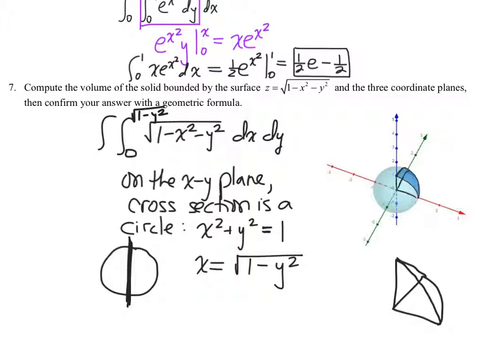I only want to go to the right. So in terms of x values, what I'm doing is I'm bounding it. Here's x equals 0. And this whole part of it here, this semicircle, is the square root of 1 minus y squared.